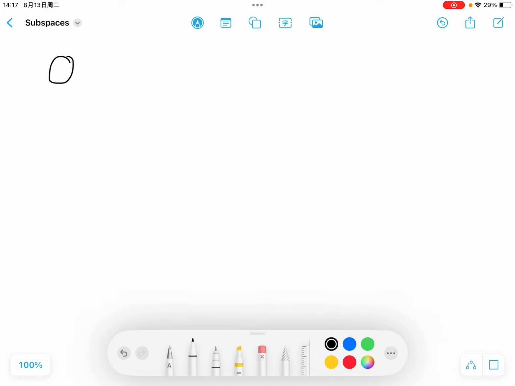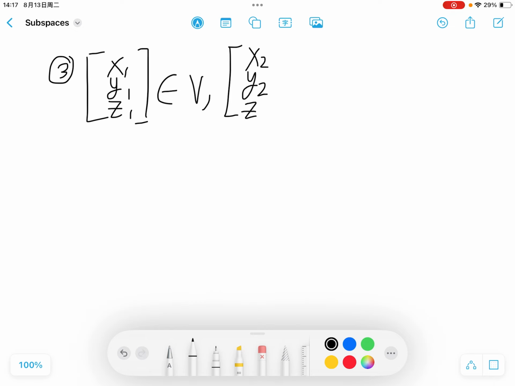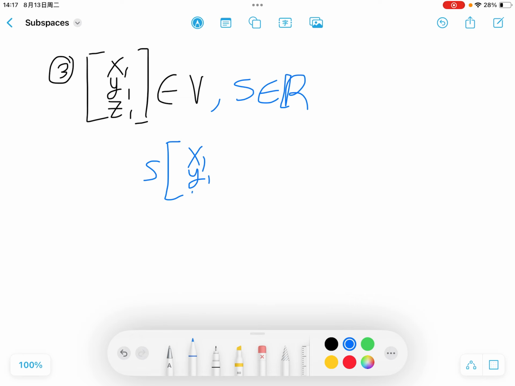The third condition basically says, given that x1, y1, z1 is in subset V, and we know that s is a real number, then any scalar times x1, y1, z1 has to be in subset V. If this condition is true, then we're done, and the answer is yes, V is a subspace.